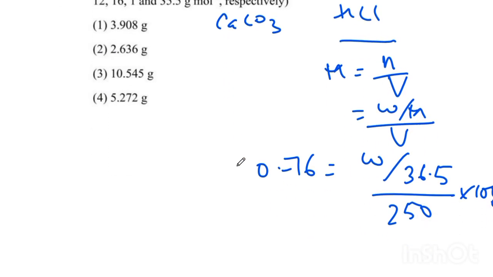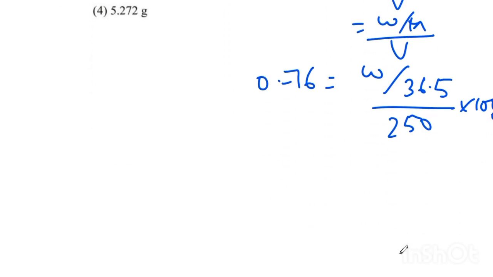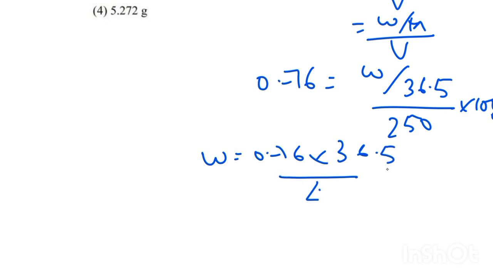Molarity is given, so the weight comes out to be 0.76 times 36.5 divided by 4, that is 0.19 into 36.5.